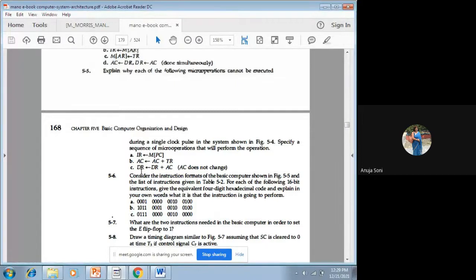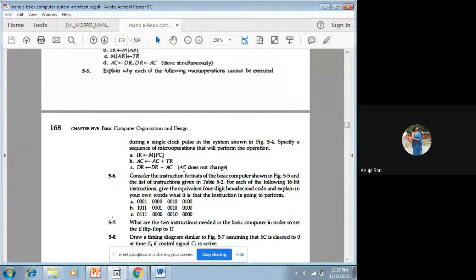But what is written here? You need to transfer the contents to DR, but we don't have direct connections available in the common bus system, so it will be mandatory to transfer the addition of these two registers to AC only. But prior to moving the contents to the AC, we need to save the contents of AC somewhere in one of the registers, so that those contents may be retrieved later and transferred back to AC.